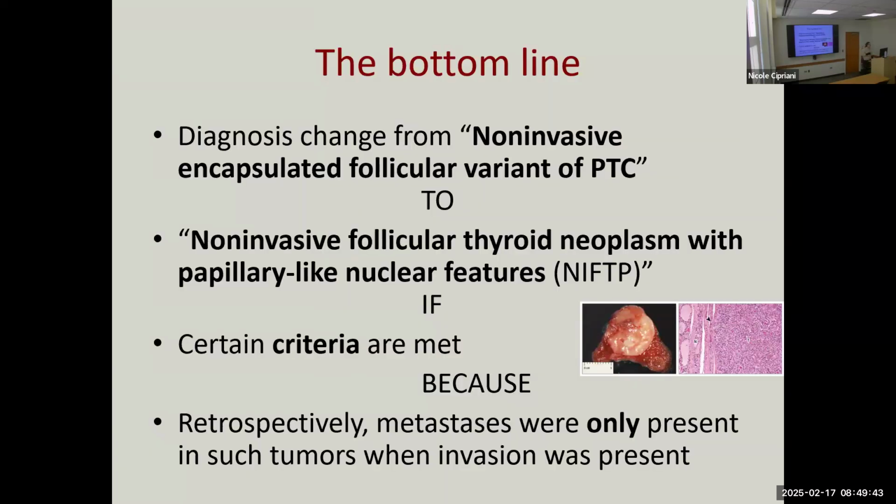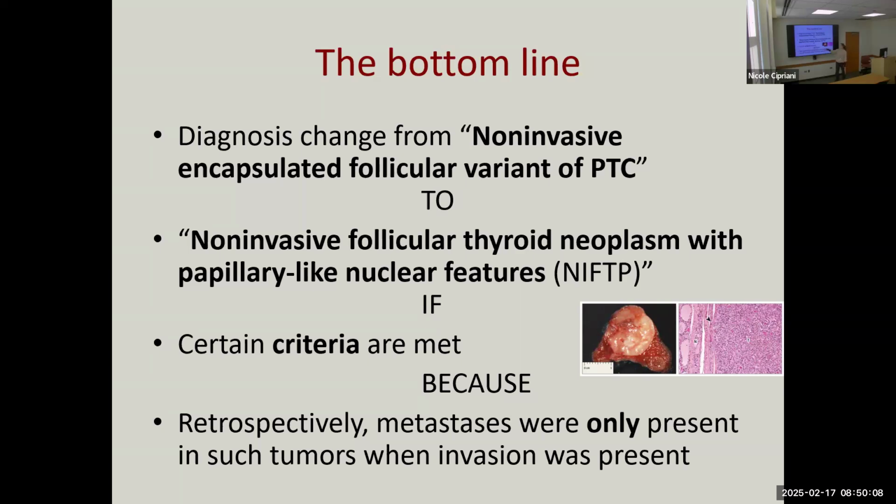But now, retrospectively, in our increased knowledge, we no longer call these non-invasive encapsulated follicular variants of PTC. We now call them NIFTPs if they meet certain criteria, which I'll go through in a minute, because they never metastasized. So when we didn't know any better, we overemphasized the nuclear features and underemphasized the architecture.